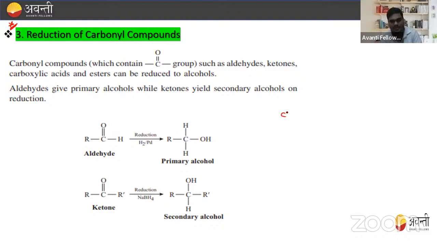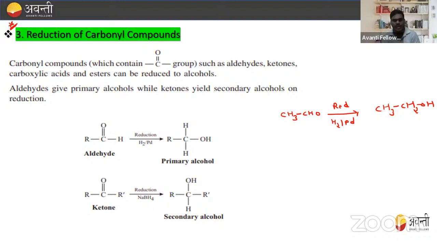For example, let us assume we have CH3CHO, and the reduction takes place in the presence of a reducing agent. H2 and palladium behave as a very good reducing agent, and they convert this into CH3CH2OH, so acetaldehyde is converted to ethanol.